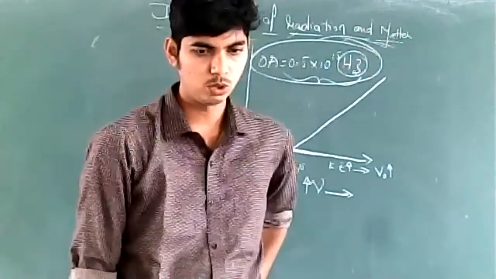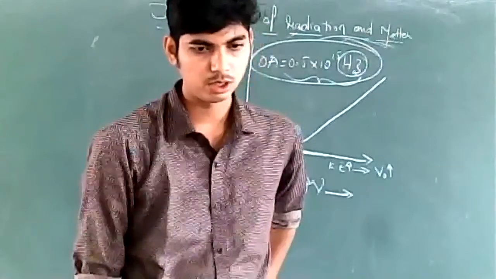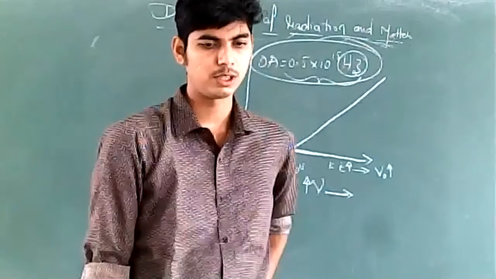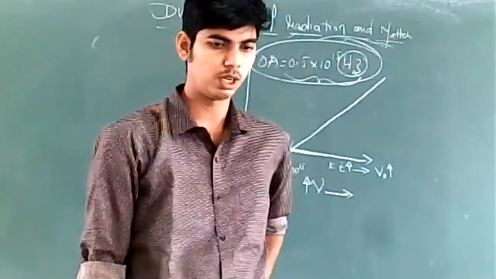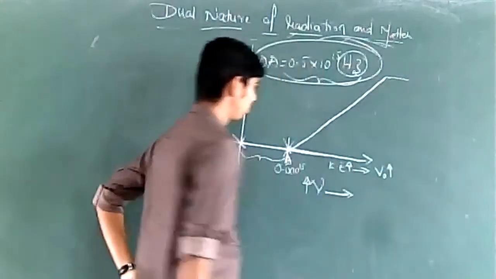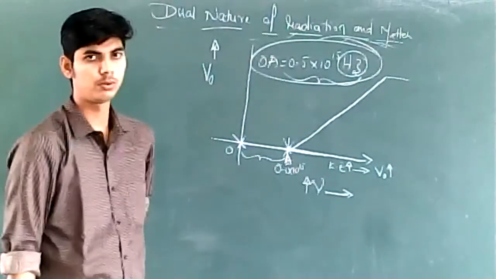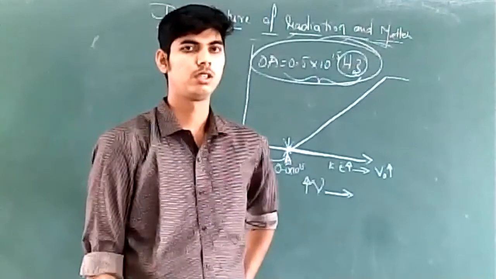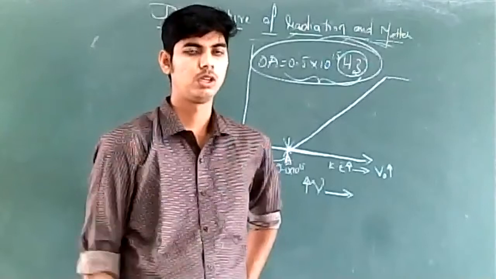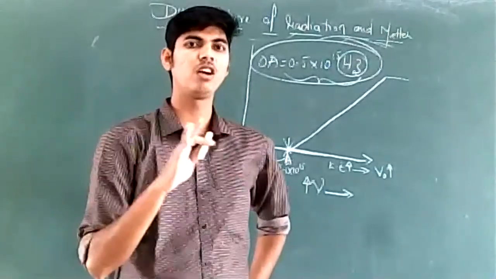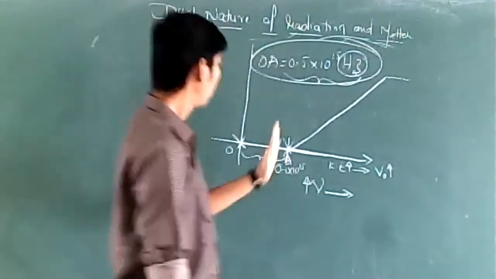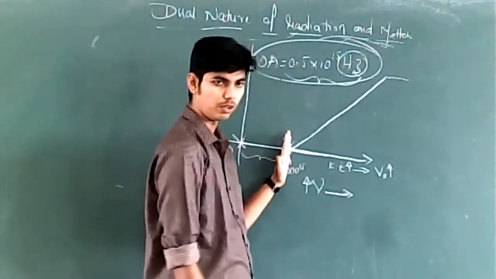So there will be no saturation point for stopping potential in that graph. Here we are just thinking of the variation of frequency with stopping potential, after a particular frequency of incident light.